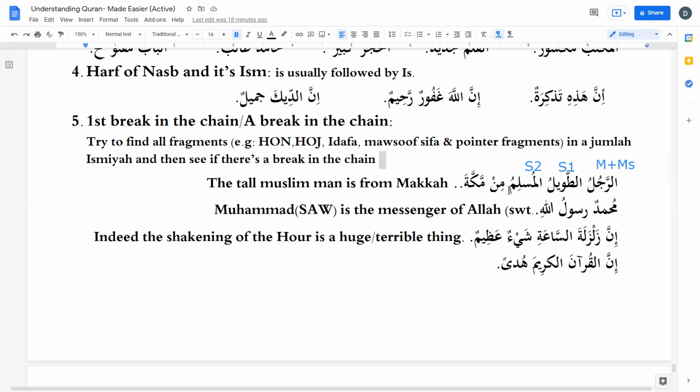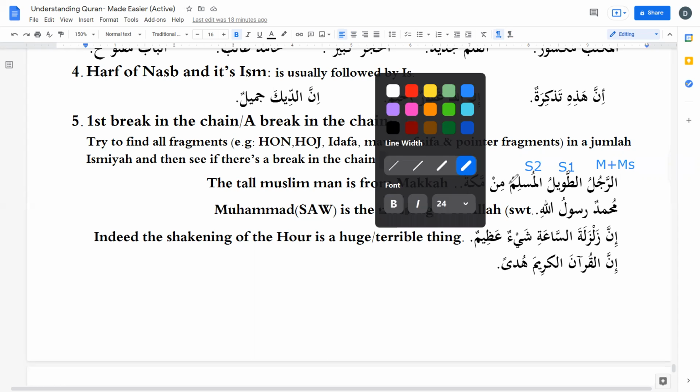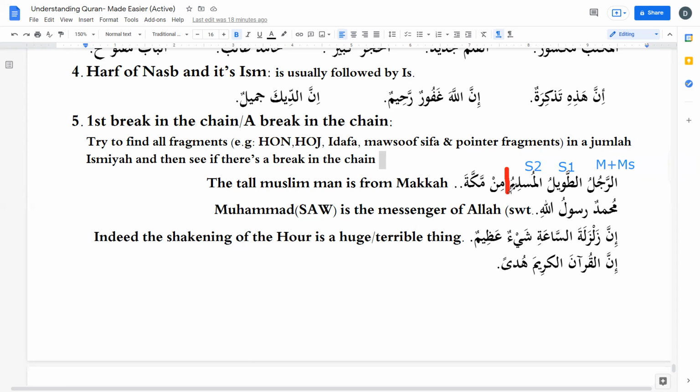The break in the chain is over here because ar-rajulu at-tawilu al-muslimu are chained together in relation of mawsuf sifa. And then there is a break over here. So in translation: the tall Muslim man is from Makkah.